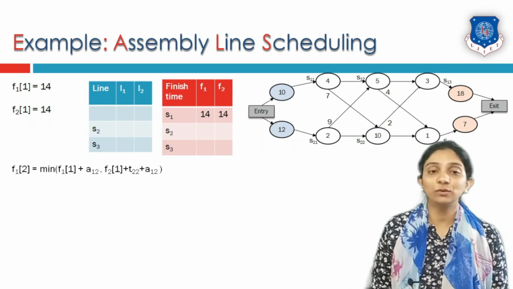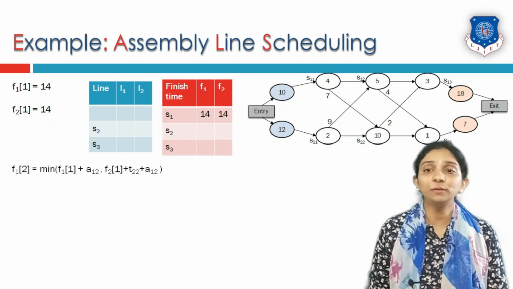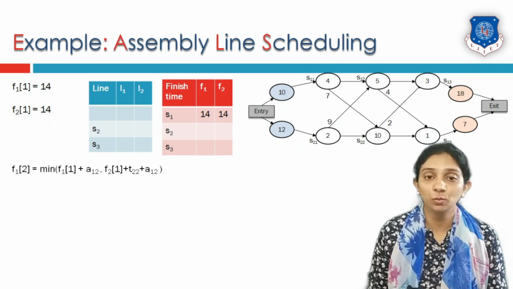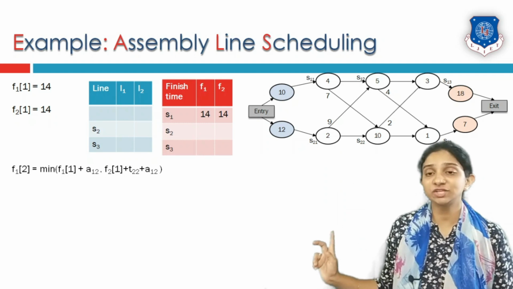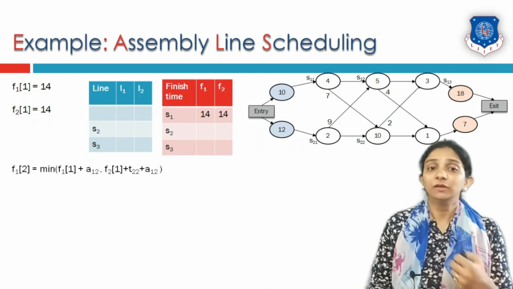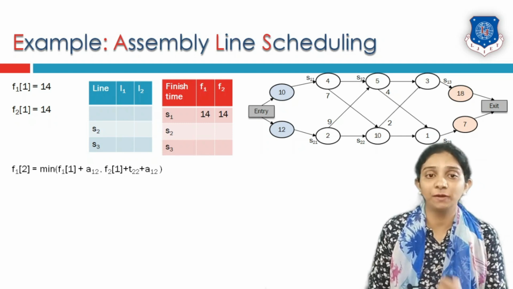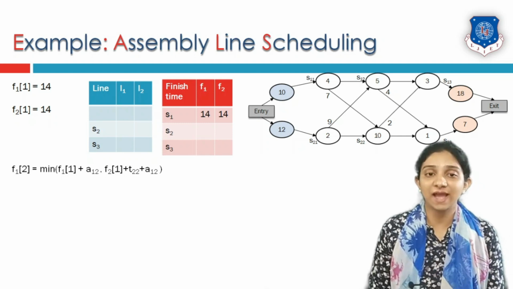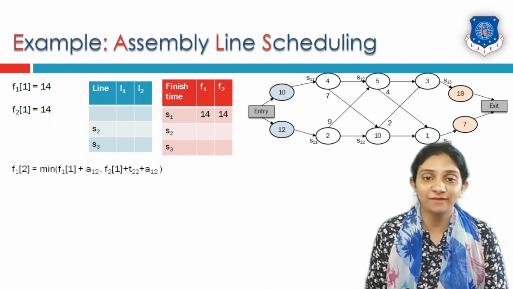Now let us calculate station 2's finish time. There are two stations numbered 2. The first is in line 1 and the second, station number 2, is present in line 2. So the finish time in line 1 of station 2, F1 of 2, is given as the minimum of some value, some value.